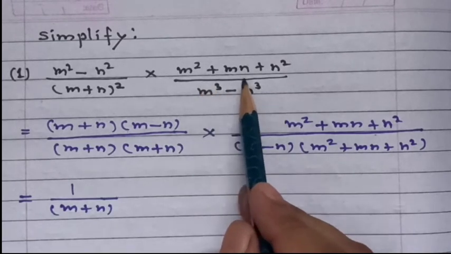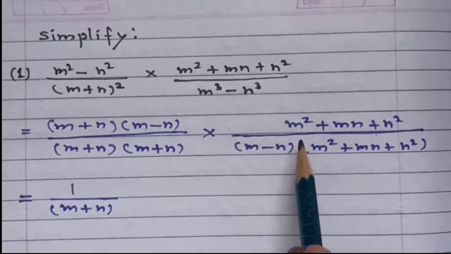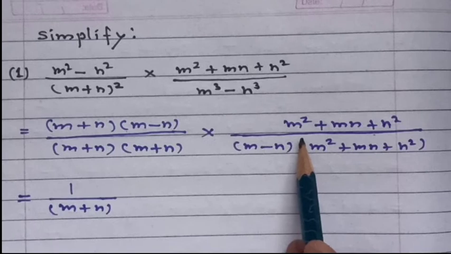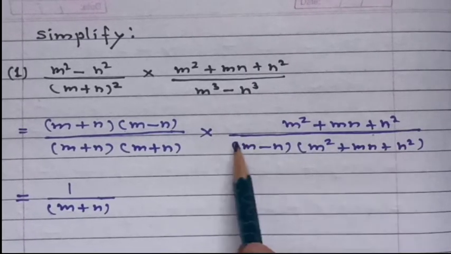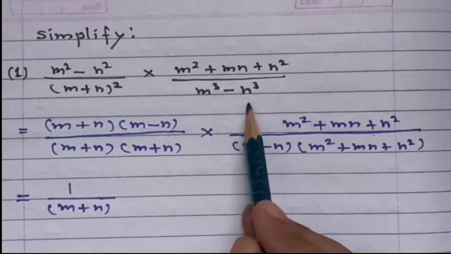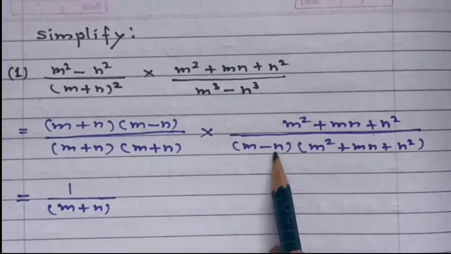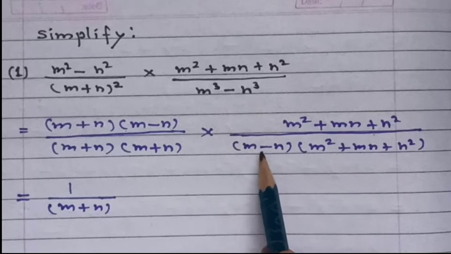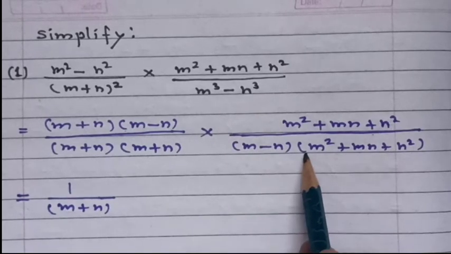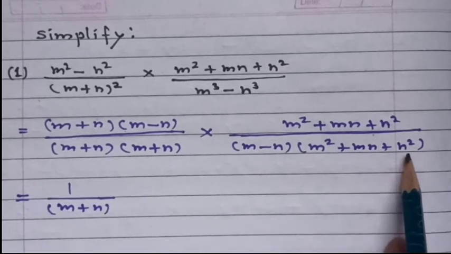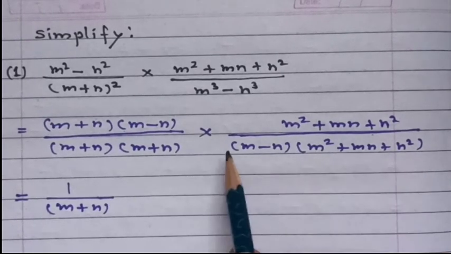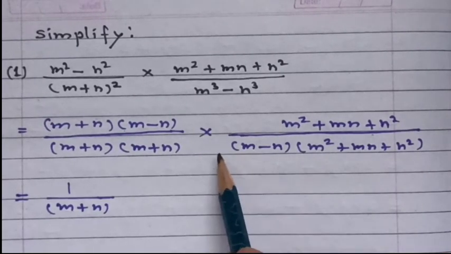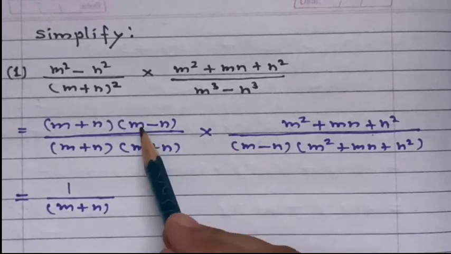Into m square plus mn plus n square, which does not have any factor, so write it as it is. It cannot be factorized. Upon m cube minus n cube. The formula is (m minus n) because it is minus, into (m square plus mn plus n square). So you have written all the values. Now try to cancel.